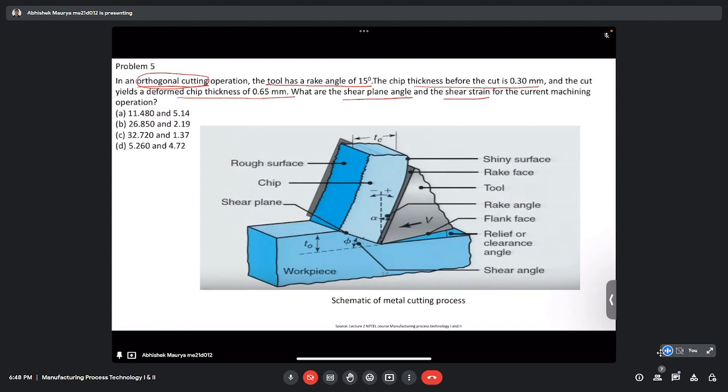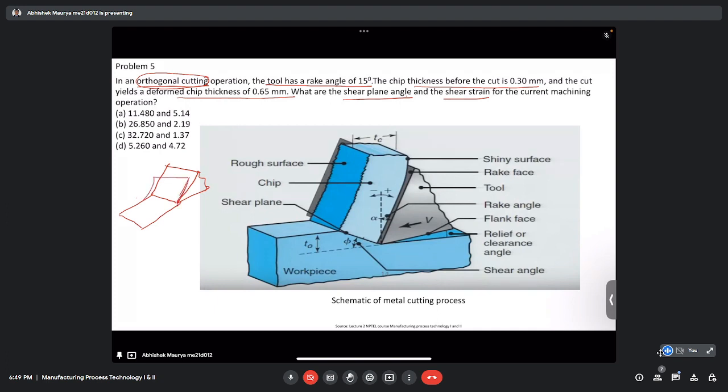It is defined by the cutting edge of the tool and the cutting motion. Suppose we have a cutting tool like this, and we have a workpiece like this. So what is happening here?